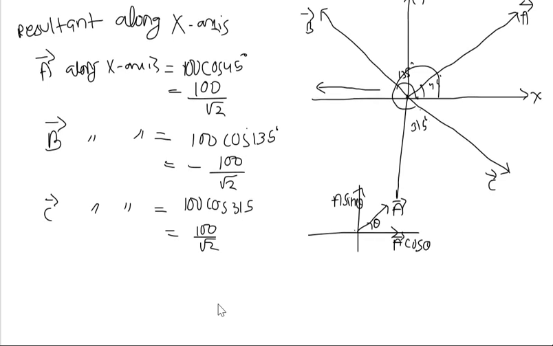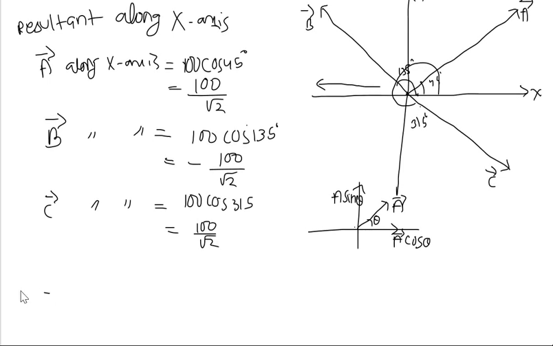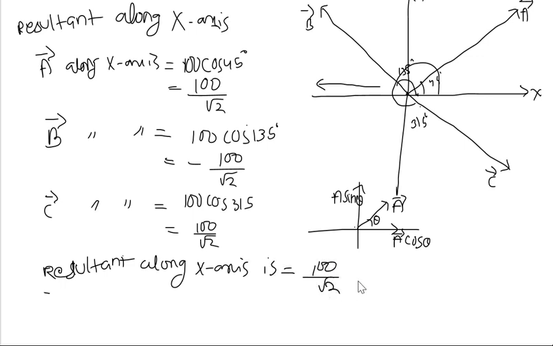Now the total resultant along the x-axis is 100 by root 2 minus 100 by root 2, which is the B vector's component, and 100 by root 2, this is the C component, so it becomes 100 by root 2.